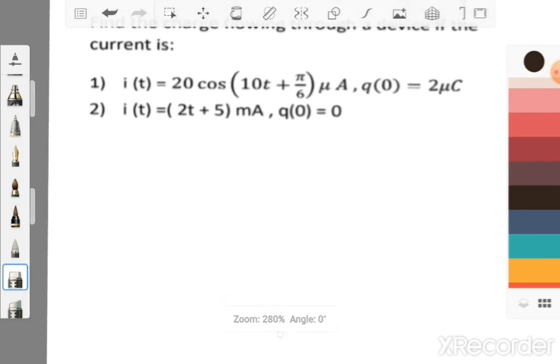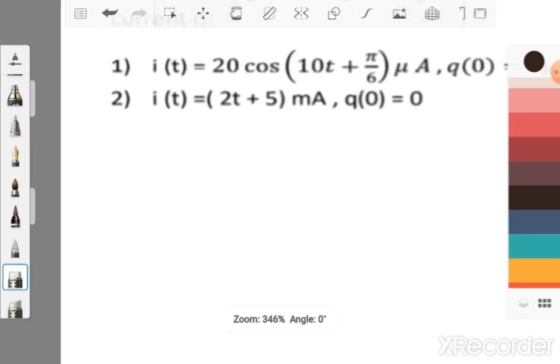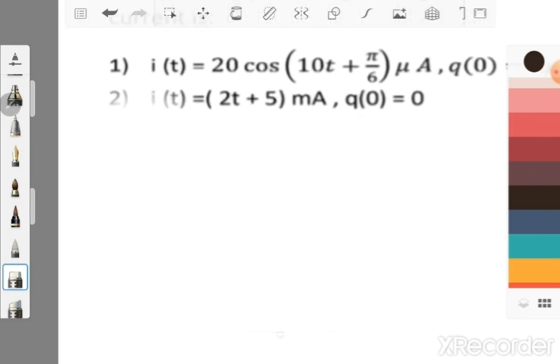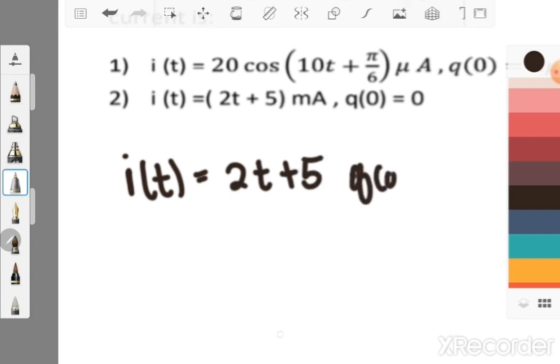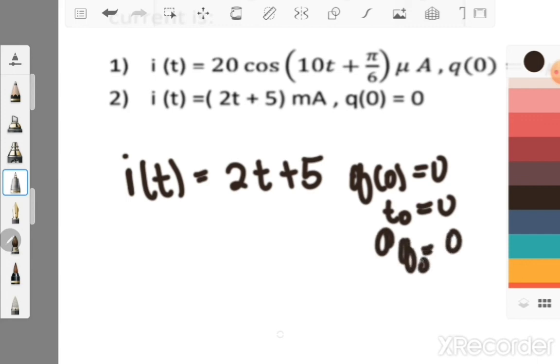So, we have I sub t is equal to 2t plus 5. Take note that q sub 0 is equal to 0, which means that t at 0 is equal to 0 at q is equal to 0.